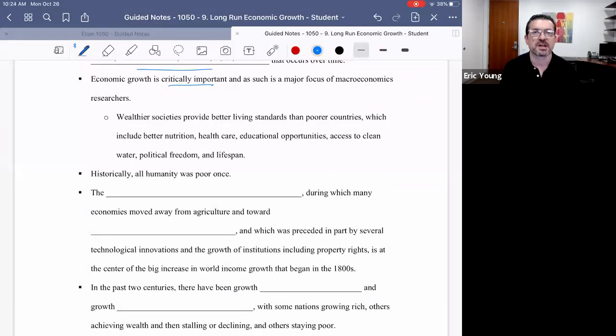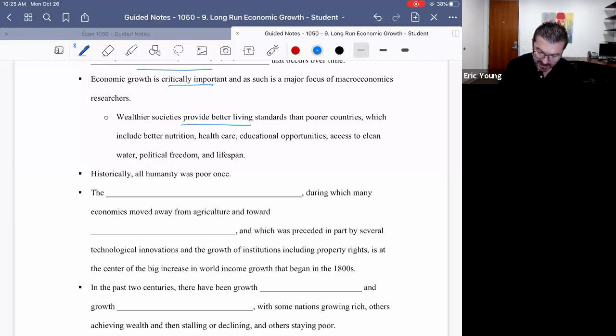Now, clearly, it would be shallow to say that it's all about income or it's all about wealth. But the reality is, wealthier societies do provide better living standards than poorer countries. If you're a wealthier country, you have more wealth, more income, more resources to make your population better, happier, healthier.